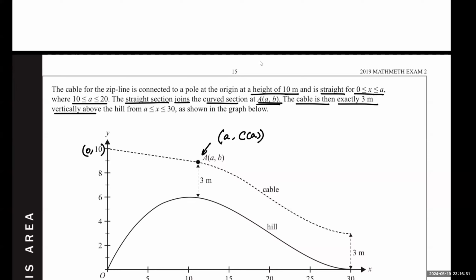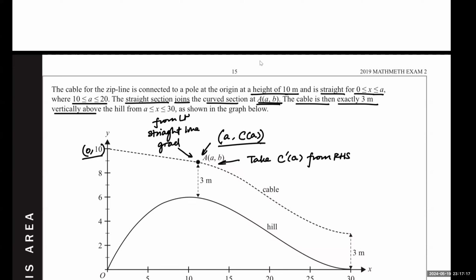For a smooth drawing, we could take the derivative from the right-hand side, c dash of a, and then figure out the straight line gradient from (0, 10) to (a, c of a) from the left-hand side. So we'd like the gradient equal to each other.